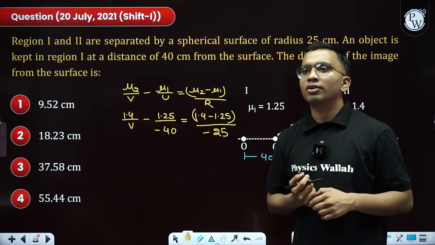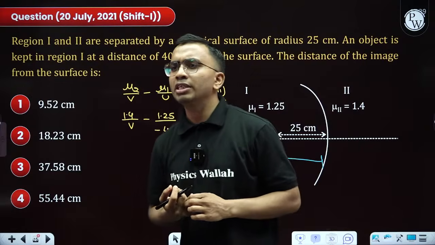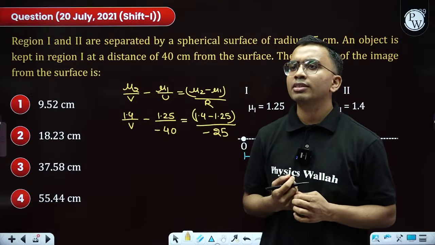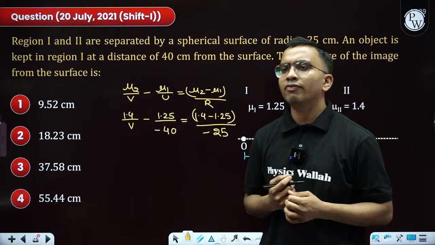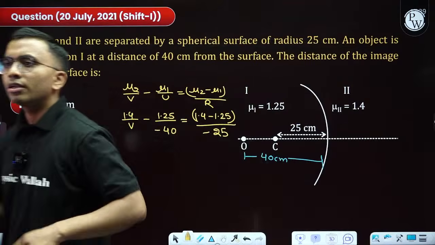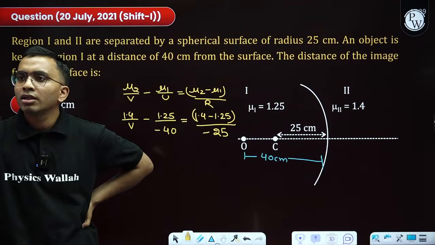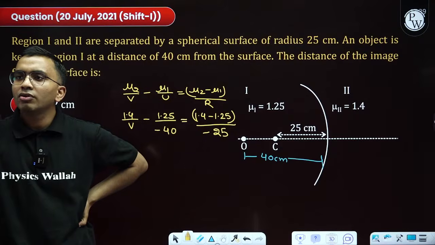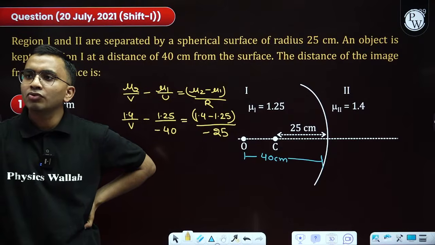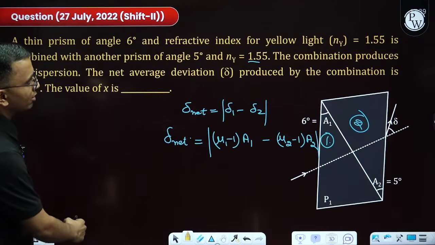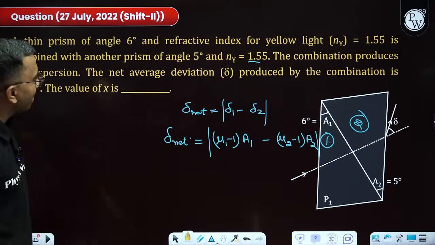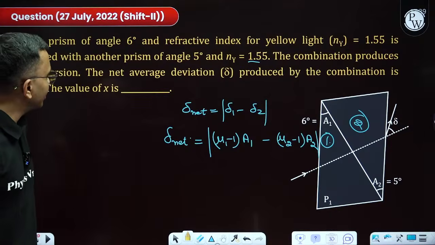Achromatic condition, sir. Why must the prisms be made of different materials, for example crown and flint glass? Can you explain what exactly you want? You are talking about this question, these two prisms. Yes, no dispersion is there in this.